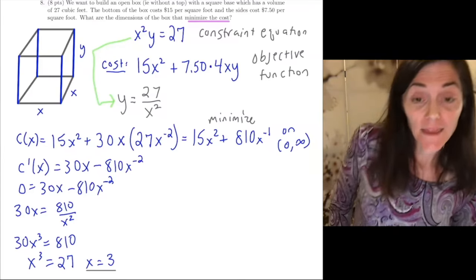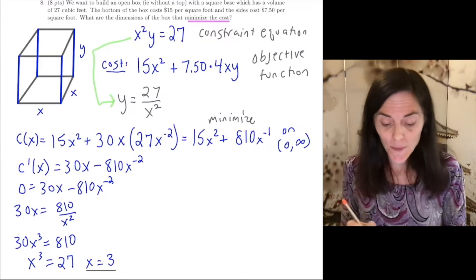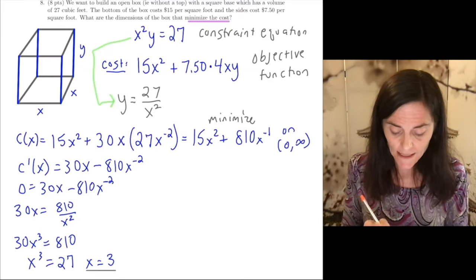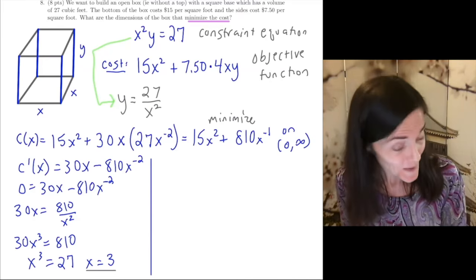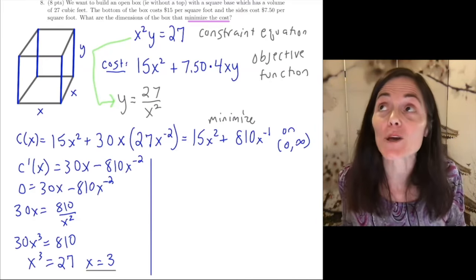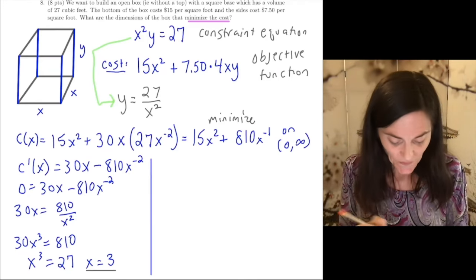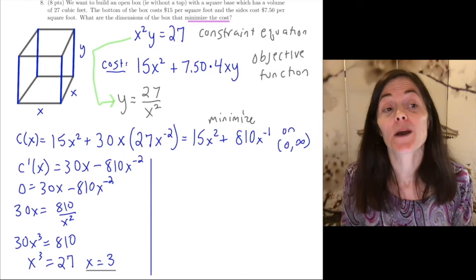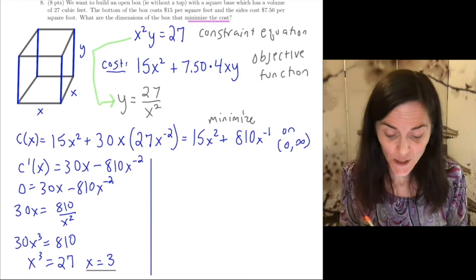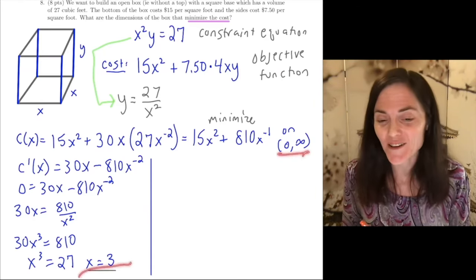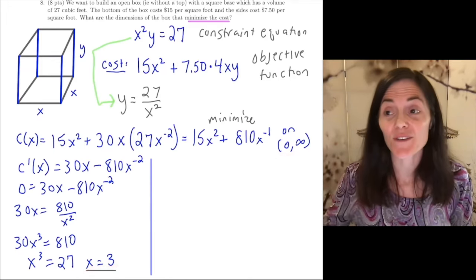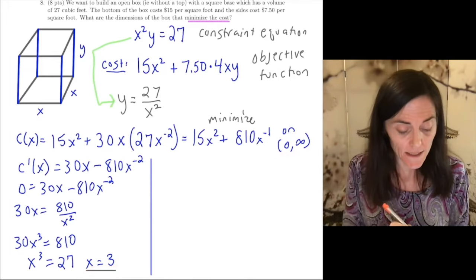Now, it is not the end because remember, we must actually check that x equals 3 corresponds to a minimum. And then we need to go back and read the question and see what we are reporting back here. So to check that you have a minimum, because this is an open interval with just one critical point, you can use either the first derivative test or the second derivative test.